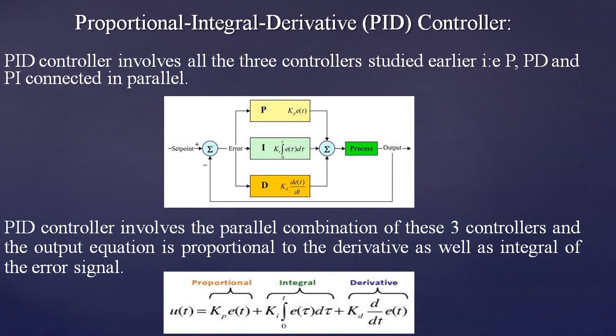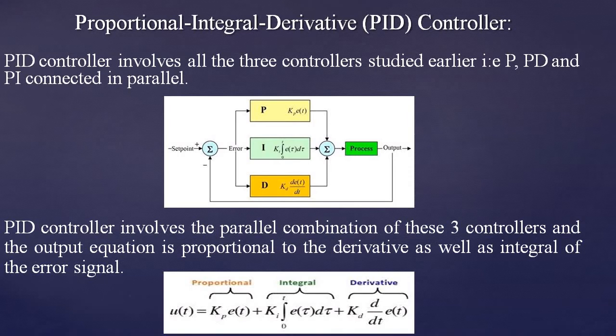And the last type is the proportional integral derivative controller, that is the PID controller. The PID controller involves all three controllers studied earlier, that is P, PD and PI, connected in parallel. You can see in the figure that the three types of controller are connected in parallel.